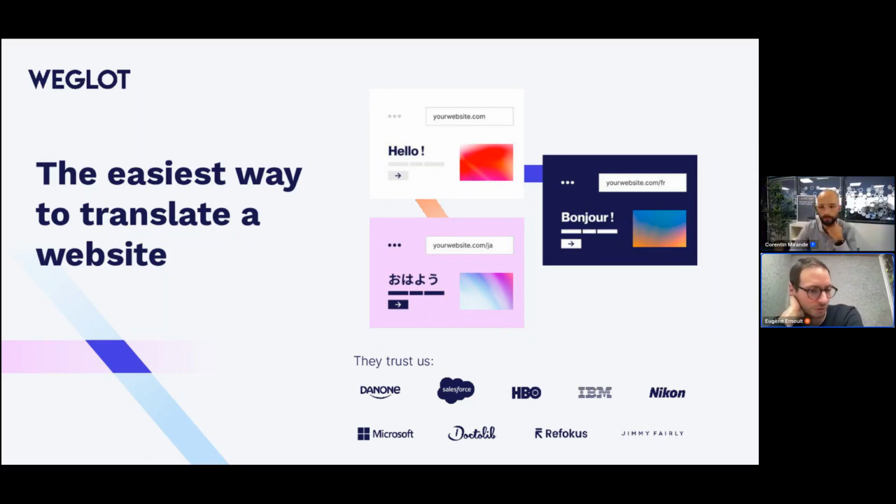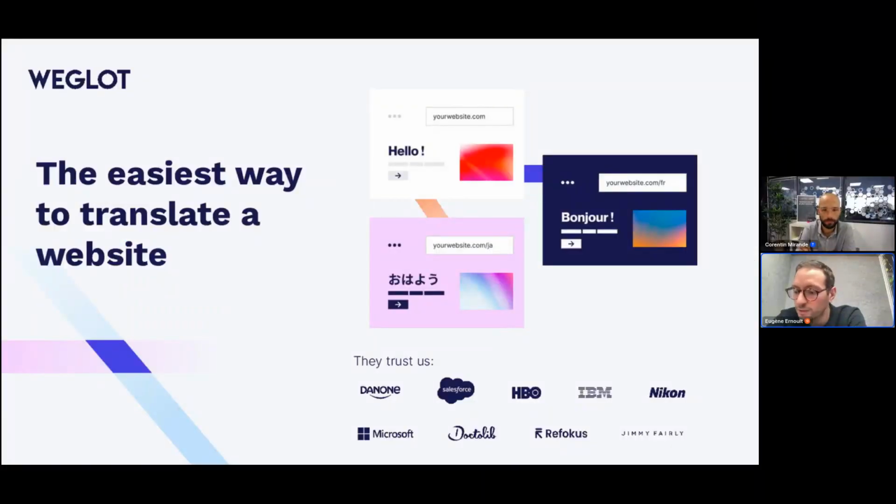Okay. So Weglot is a website translation solution. What we do is we help our customers display a website in multiple languages. So let's say you have a website in English today and you want to display that website in French, in Spanish, in Chinese, in any language. We help you do that in a few seconds.